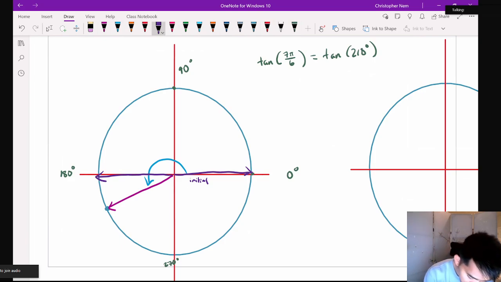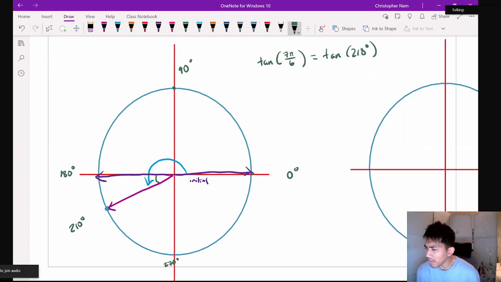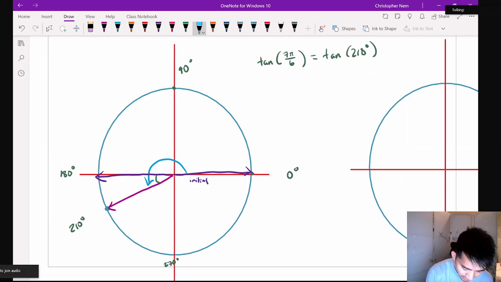So instead of this being over here, 210 degrees, I can also work with this smaller angle right here. Well, how much angle measurement is that? I know that the entire angle is 210, and I know that half of the circle, all the way from here to here, is 180 degrees.